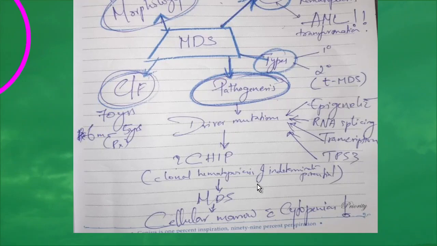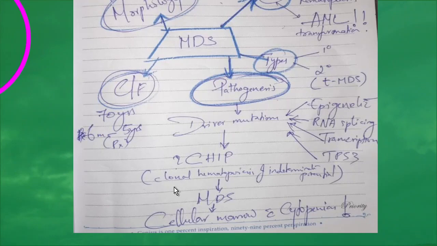Because of all this, you can almost call this a pre-neoplastic phase, where CHIP, or clonal hematopoiesis of indeterminate potential, occurs. From that, MDS forms.